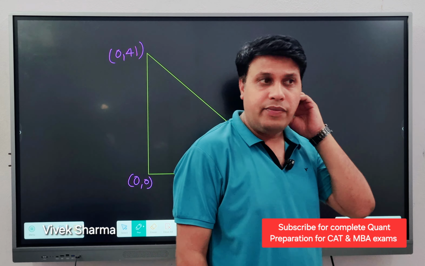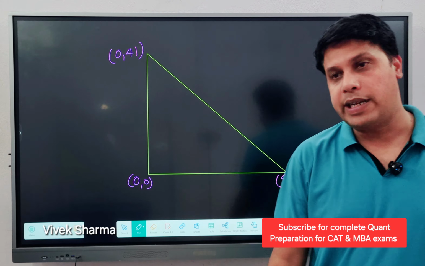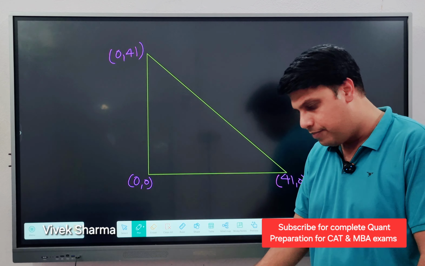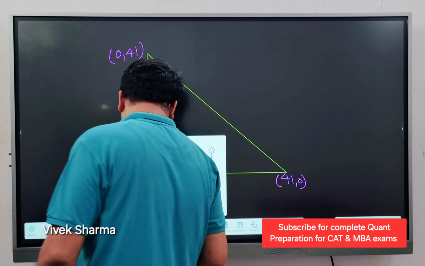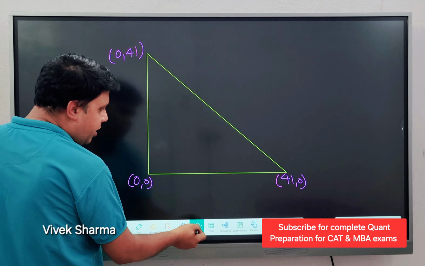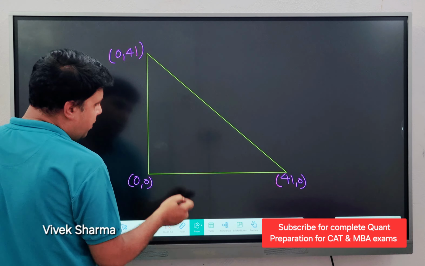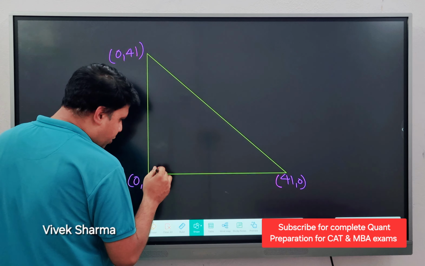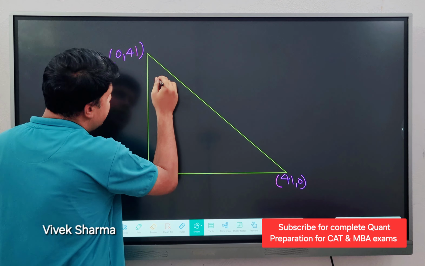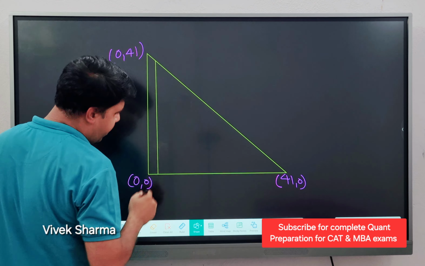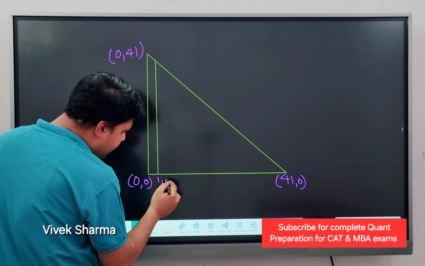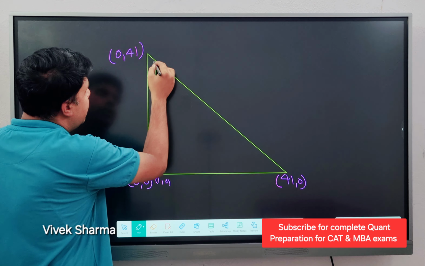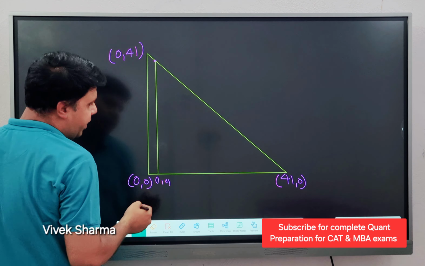Now the problem is that we have to find all the integer pairs lying inside the triangle. If you are trying the question for the very first time, you may try it like this: suppose this is (1, 0) and there is a line which intersects here.